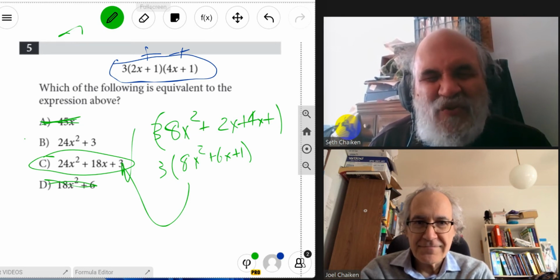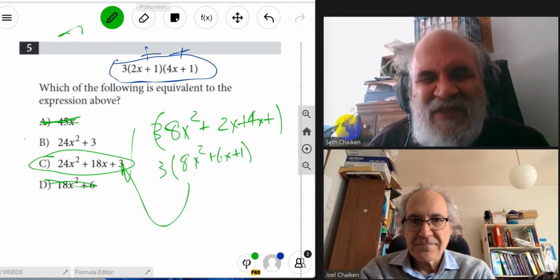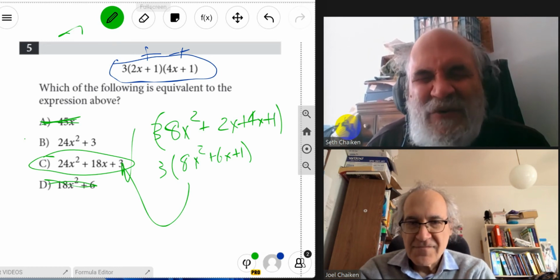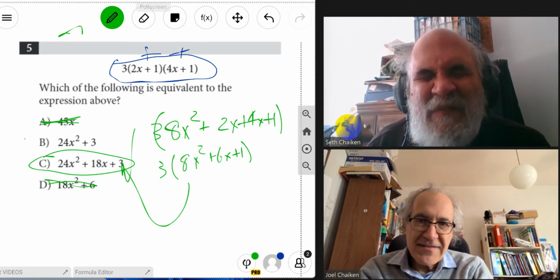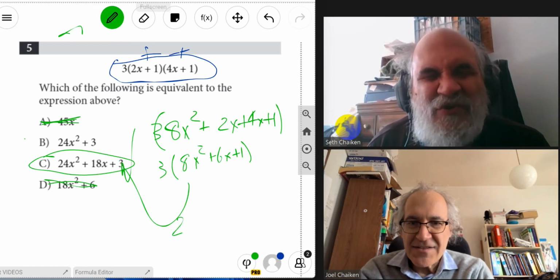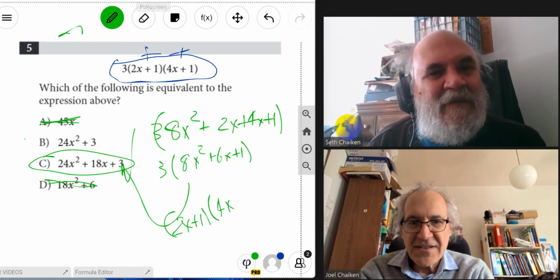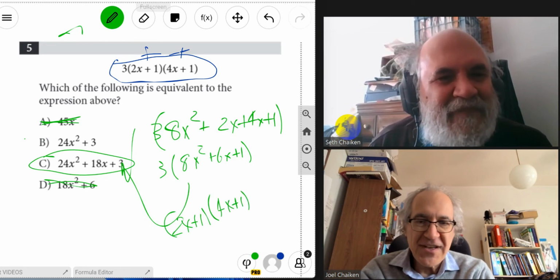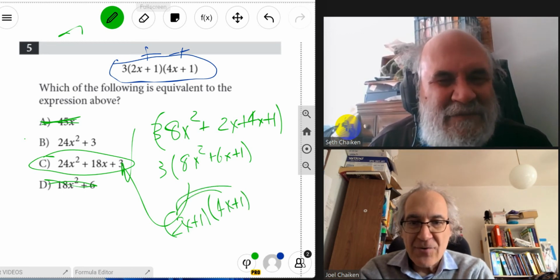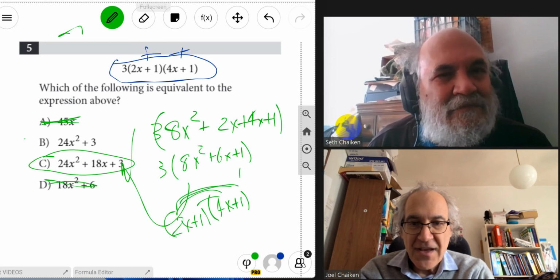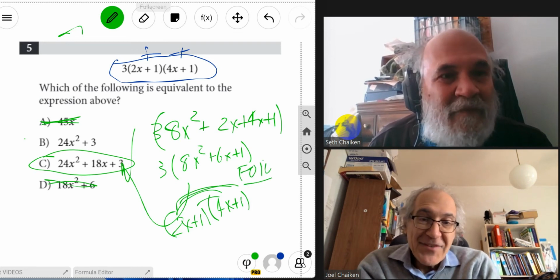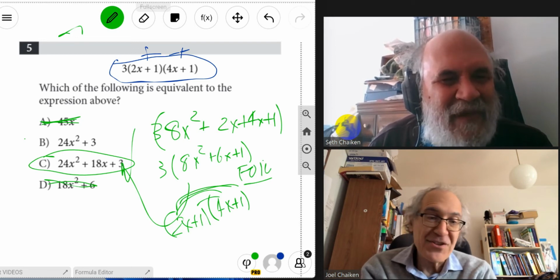Should we remind people what it means to FOIL it out? I guess so. Basically, FOIL stands for first, outer, inner, last. But what you have to understand is what it means rather than the terms.